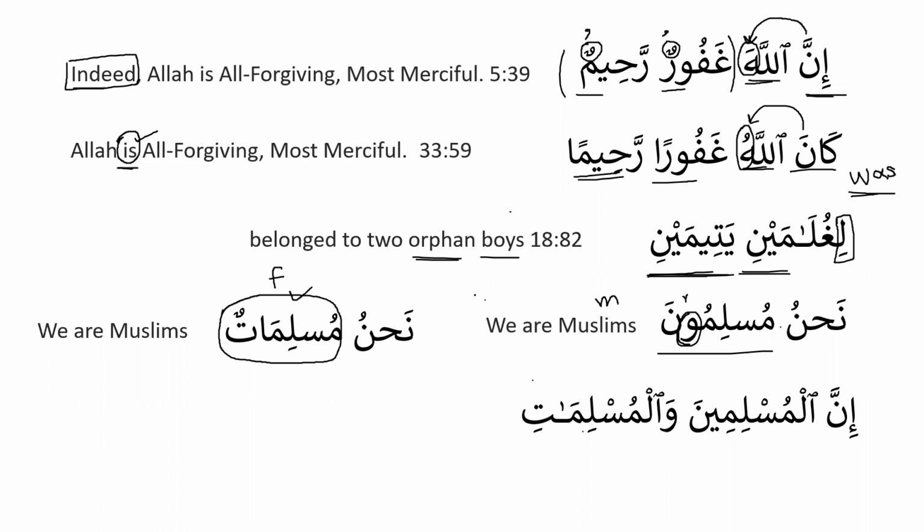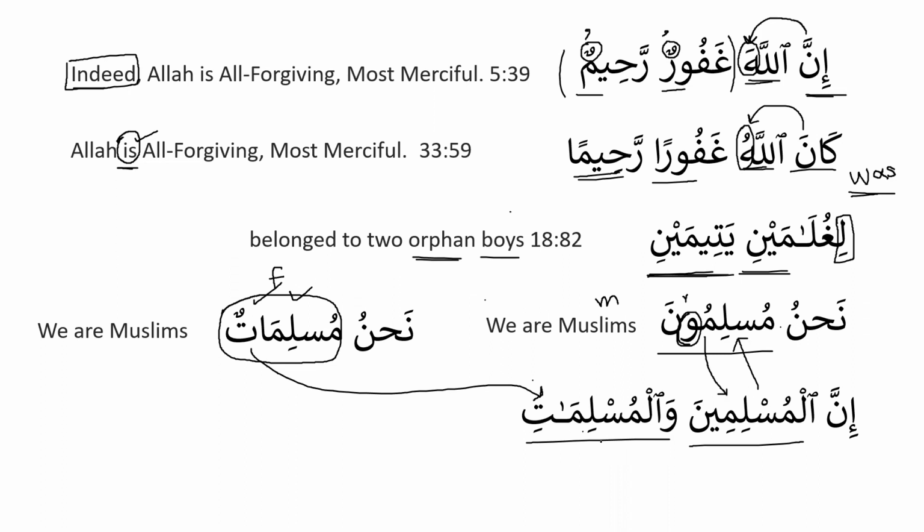So now here, you can relate that here we have Muslimuna, but here we have Muslimina. And here we have Muslimat, and here we have Muslimatun. Now, what is the i'rab over here, and what is the i'rab over here? Mansub.